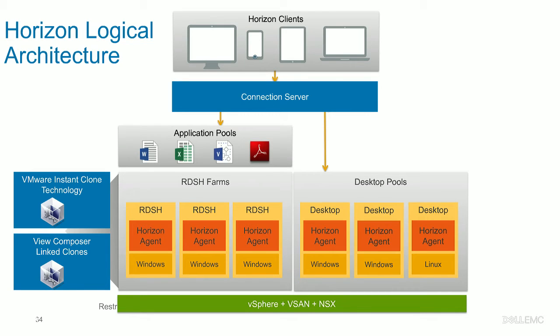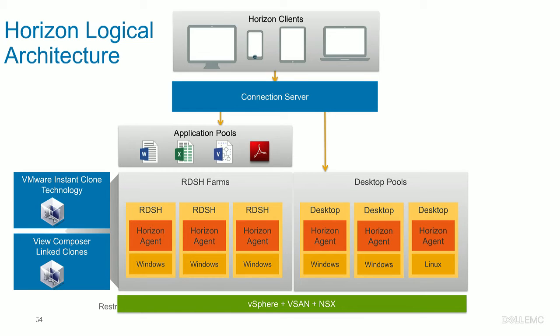Instant clones were released with 7.0, and a lot of customers have moved towards instant clones, so linked clones is becoming not as prominent as it was with regards to floating pools. With instant clones, we do not need Composer, as you do with linked clones, so that straight away frees up a potential Microsoft license as well.